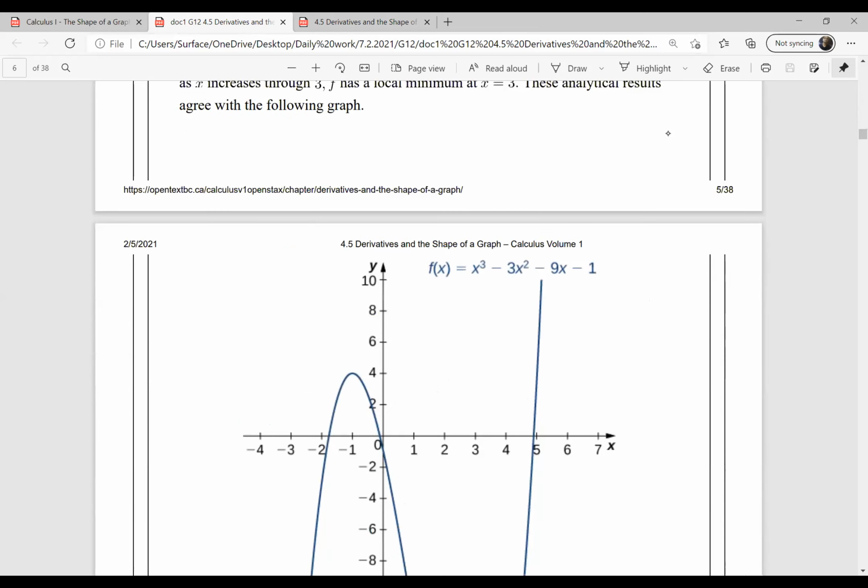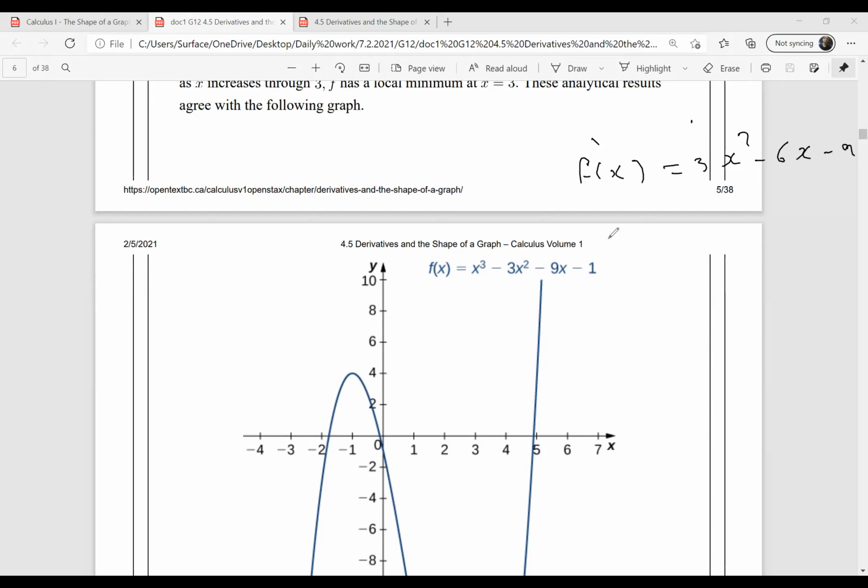Take f of x equal x power 3 minus 3x squared minus 9x plus 1. So f dash of x equals 3x power 2 minus 6x minus 9.